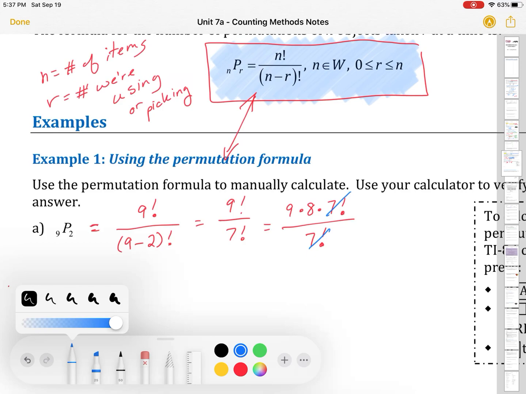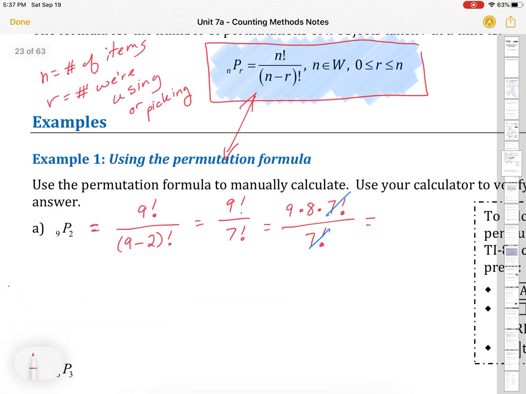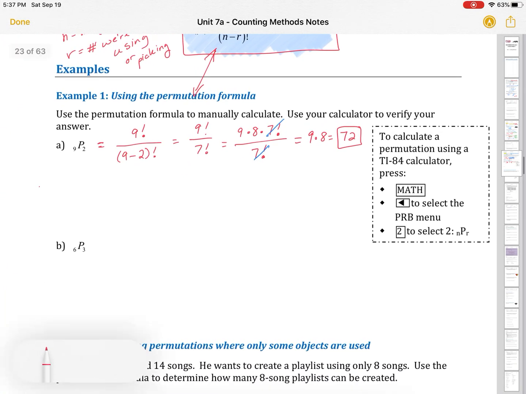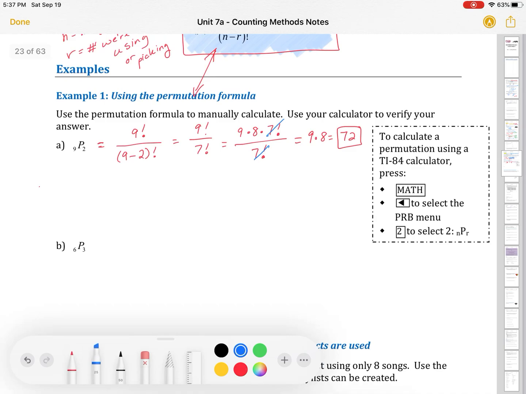The 7 factorial will divide out. So if I have 9, but I pick 2, then my answer would be 9 times 8, which is equal to 72. You can use your calculator to check this.